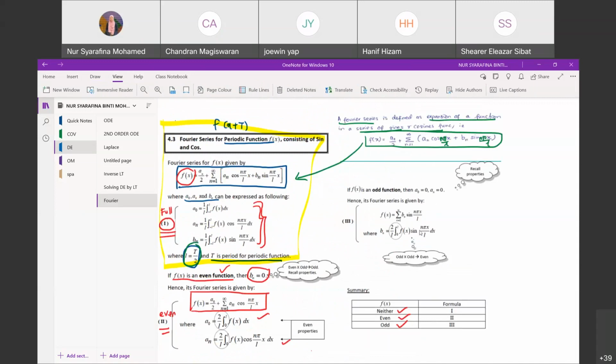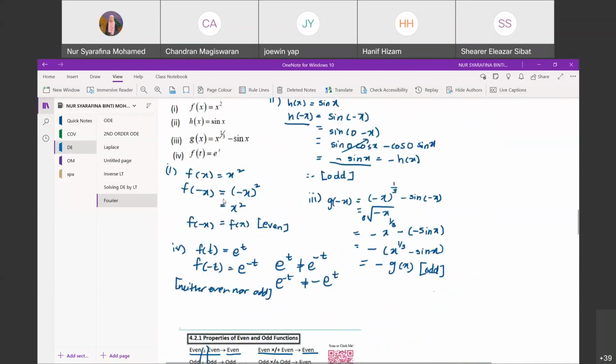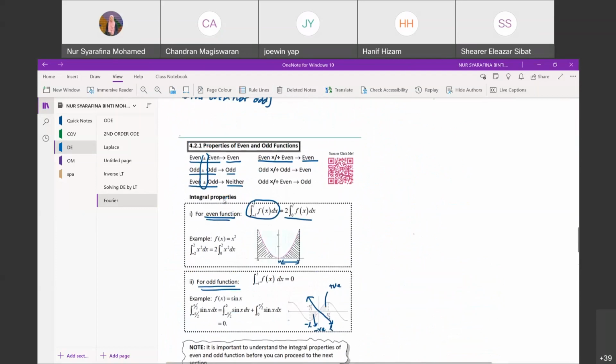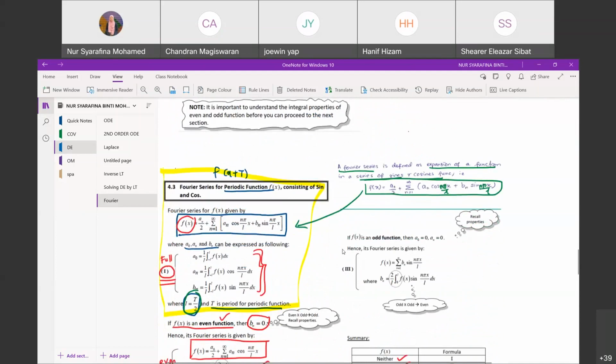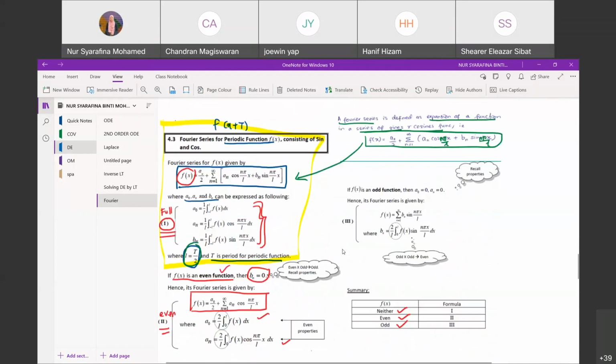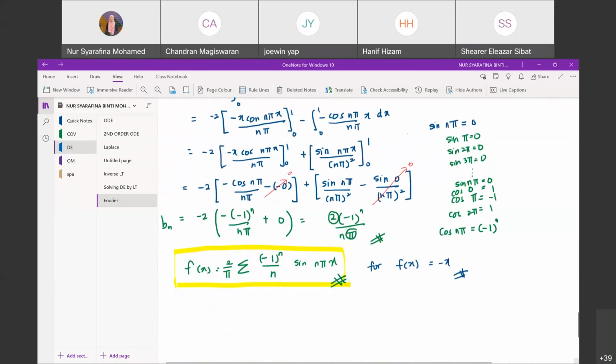If it is odd, then you just need to find bn. But if it is neither, you have to find all: a naught, an, and bn. So this is what we have been doing just now. Understanding periodic functions, even and odd, which can be easily evaluated by plotting the graph and looking at the line of symmetry. Then you can form the Fourier series expansion. So this is the first example. I'm going to explain briefly about the next example, but no need to do it right now.